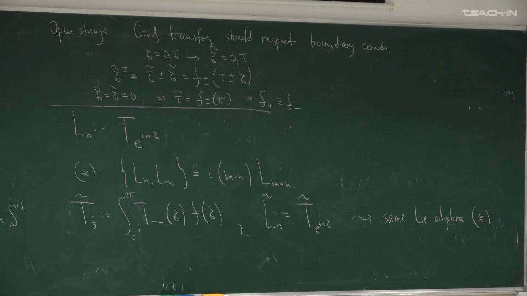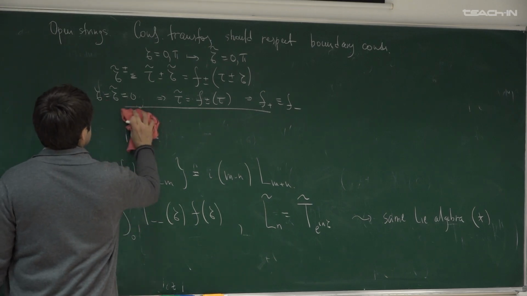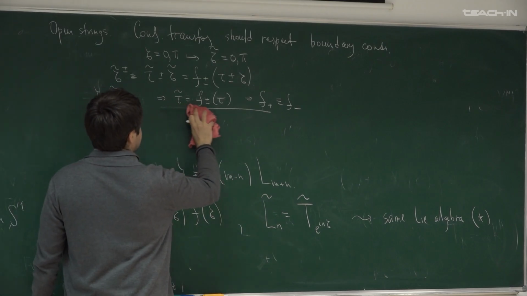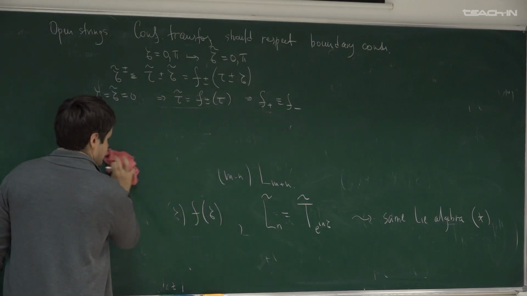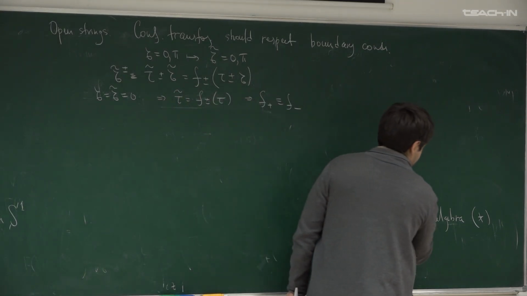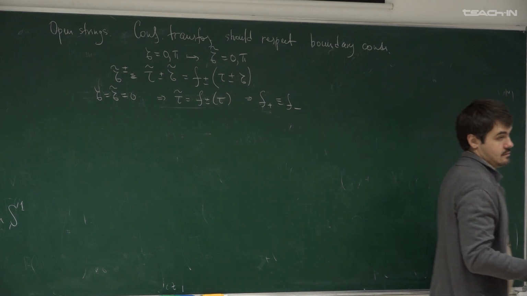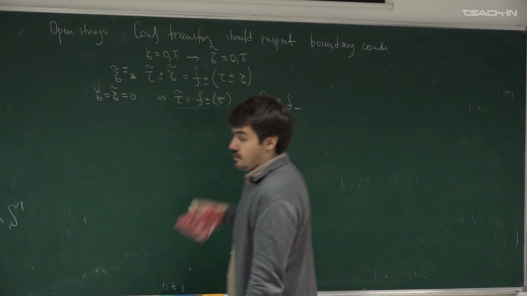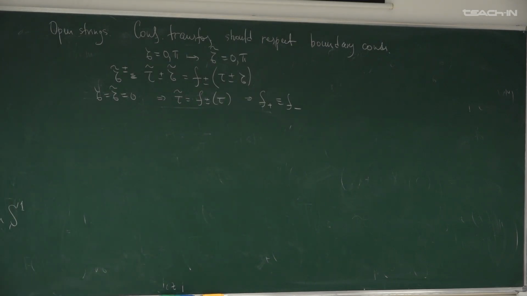I mean, they're both equal to tau. So the transformations that leave the boundary at sigma equals 0 unaltered have f plus equal to f minus. So you have to do the same transformation on sigma plus and sigma minus.